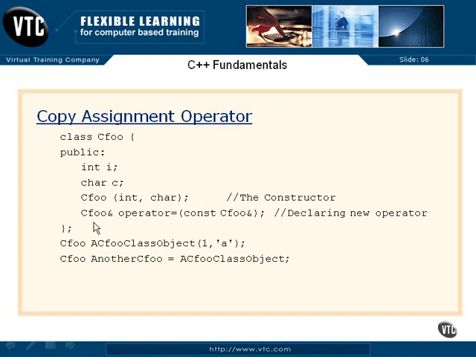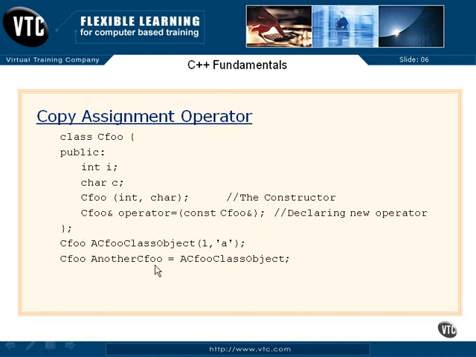That's the same, but this is our new line. Here we have a cfoo. We're referring to the operator, so we use the word operator and then which operator, and that's the equals. So we have a cfoo operator equals, and then the cfoo reference is what will be passed in. And so we are redefining or overloading this operator and declaring a copy assignment operator.